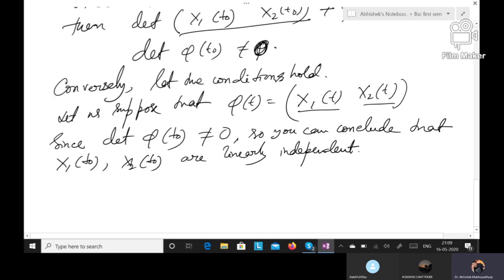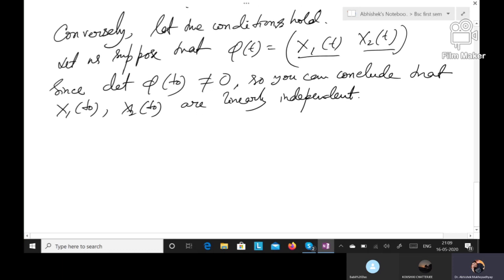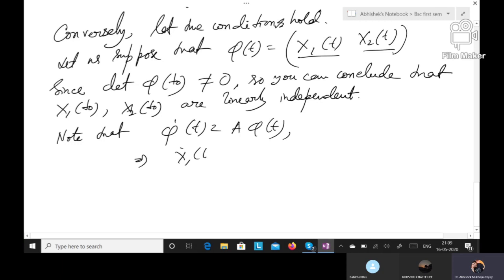Now, from hypothesis 1, phi is a solution of the system x dot equal to Ax. So note that phi dot t equal to A phi t, since phi t satisfies the system. So phi dot t is the matrix x1 dot t, x2 dot t equal to A times x1 t, x2 t.